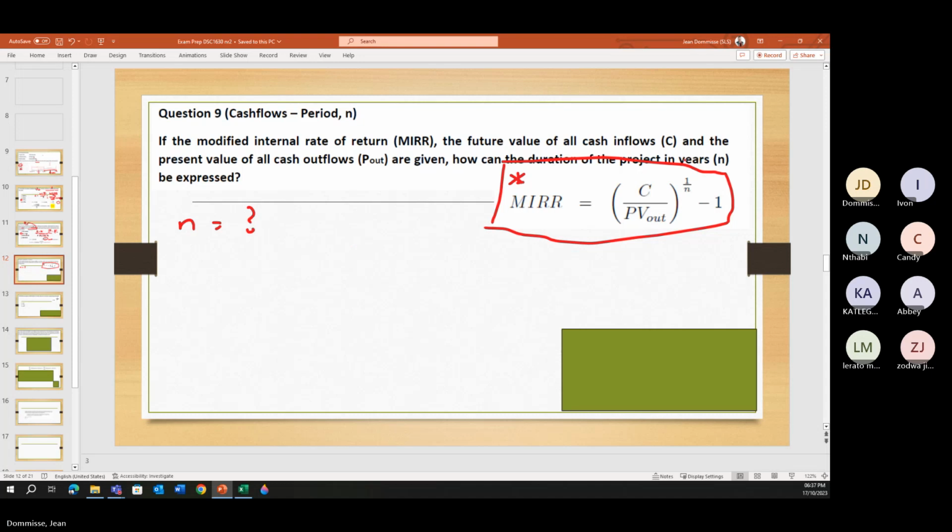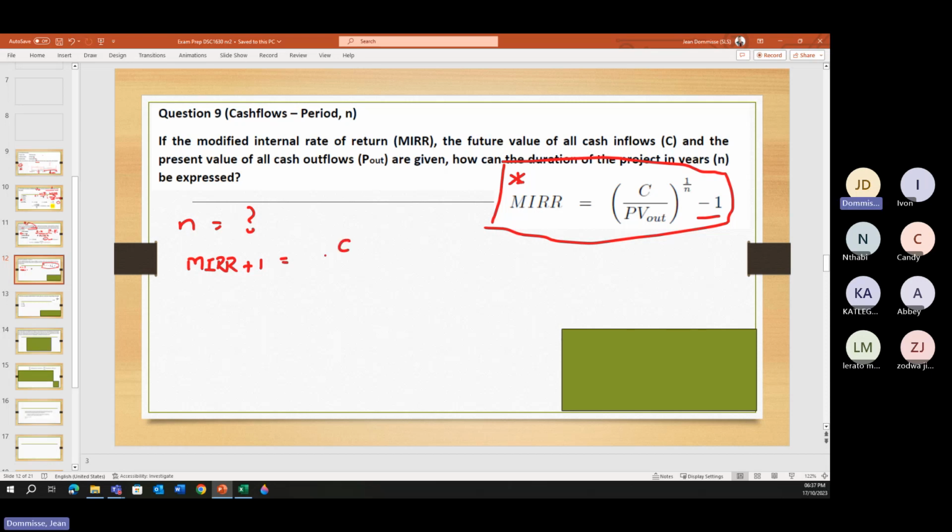What I would do first is try to get rid of the 1. So on both sides, add 1.